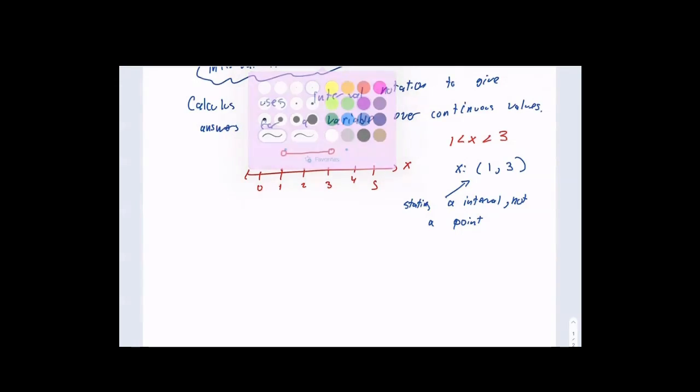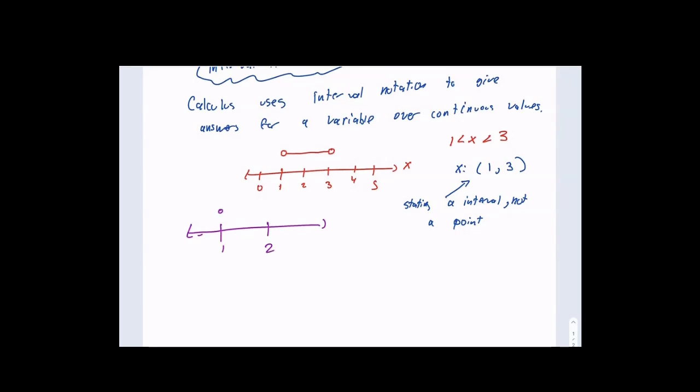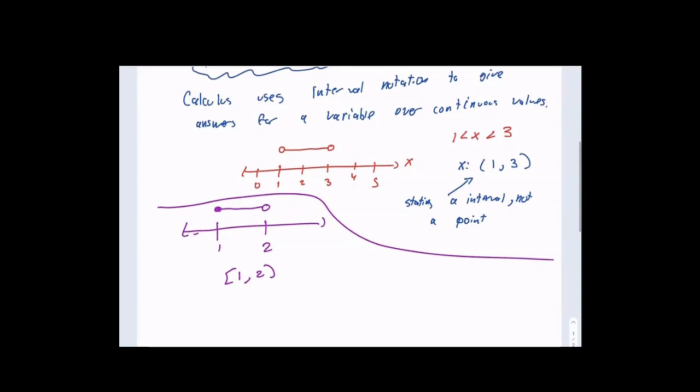Now, if I were to do another number line, 1 and 2, with a closed circle to an open circle, then we would write this as 1 with a bracket and 2 with a parenthesis.